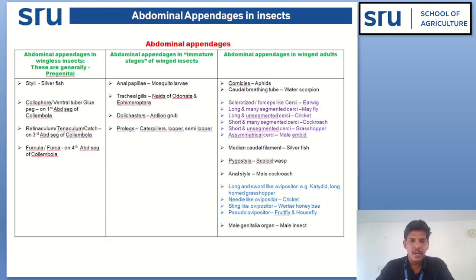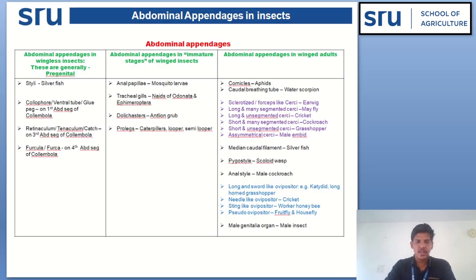Abdominal appendages in wingless insects include styli, colophore or ventral tube or glue peg, present on the first abdominal segment of Collembola. Retinaculum or tenaculum or catch is present on the third abdominal segment of Collembola.